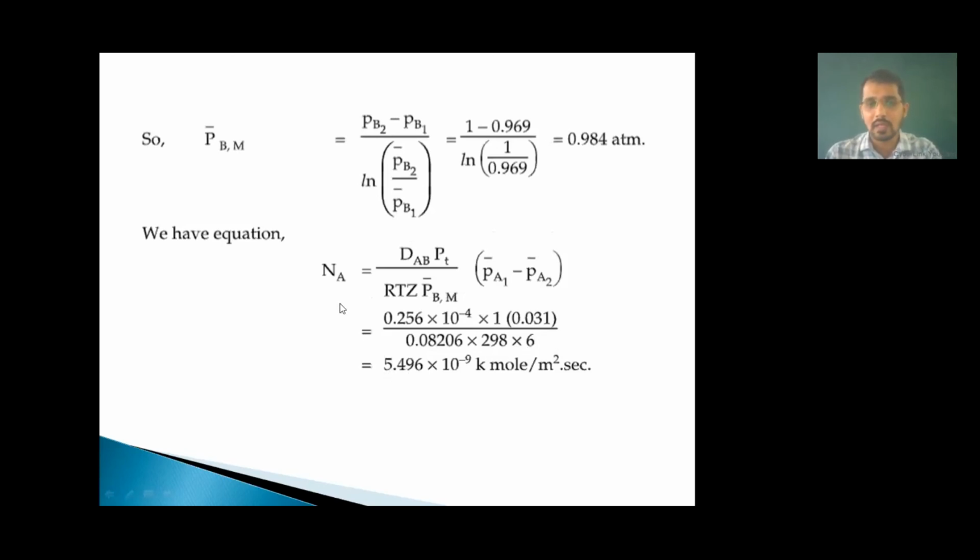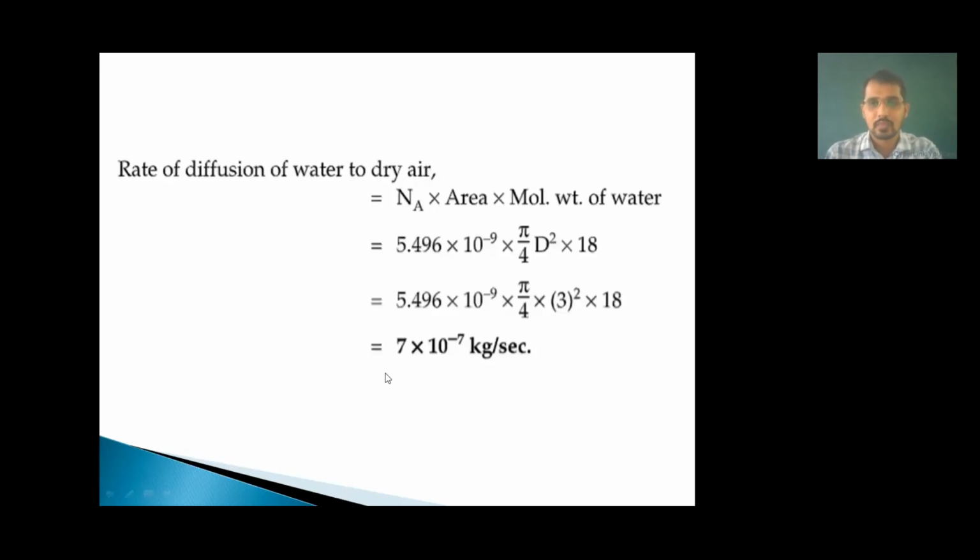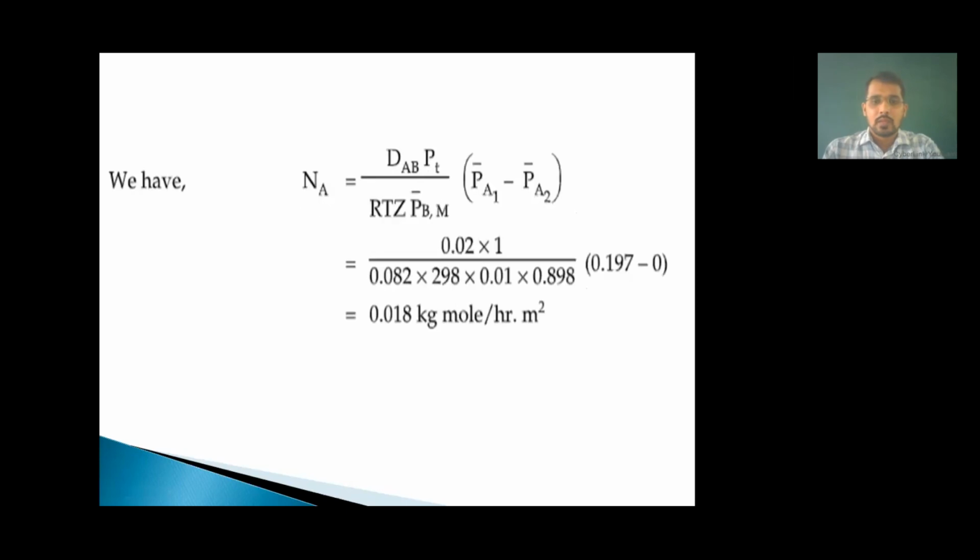Then you will get here Na is equal to 5.496 into 10 to the minus 9. So after putting this value 0.898 in this numerical, we will get molar flux equal to 0.018 kg mole per hour meter square. So this is the value for molar flux Na.